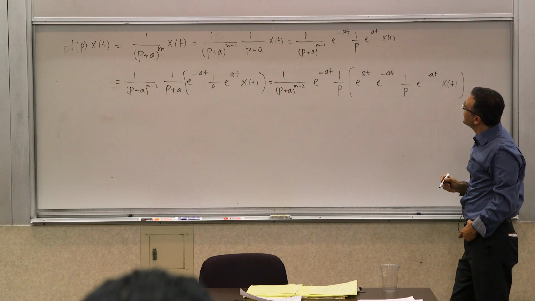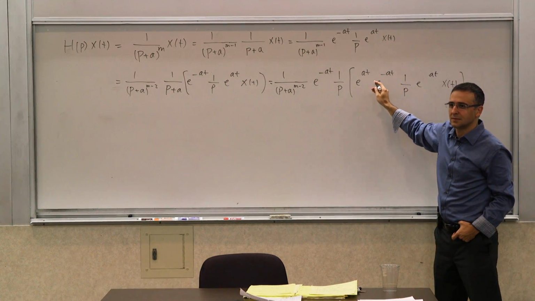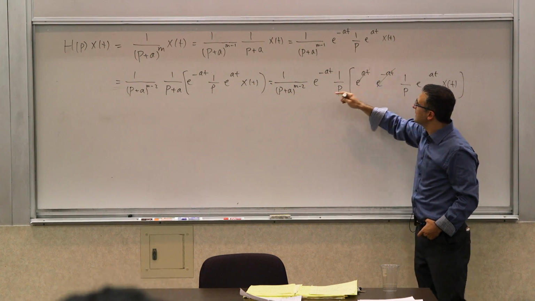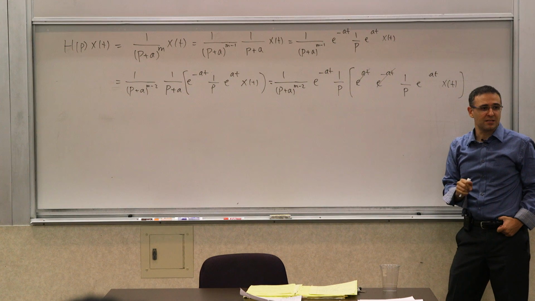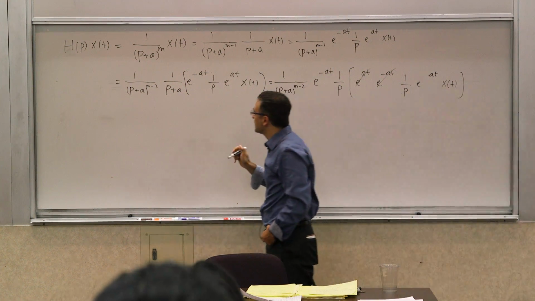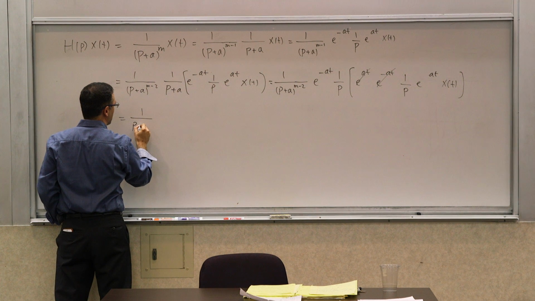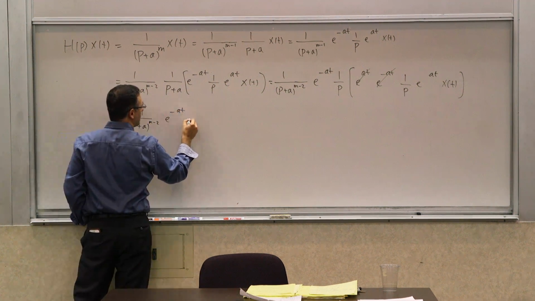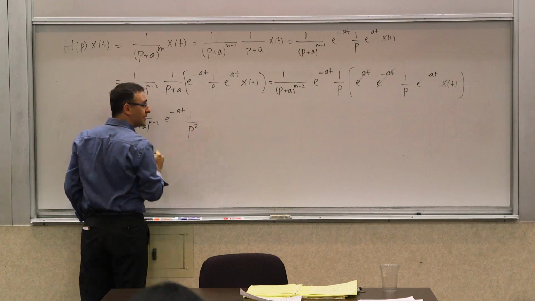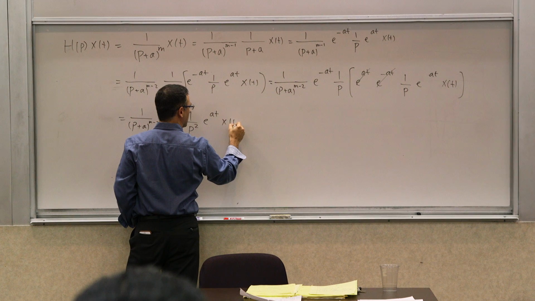Now this is where some simplification happens, because these two cancel each other. Every time you take one more of these and apply it, this cancellation happens inside. So at this stage, you have 1 over p plus a to the m minus 2, e to the negative at, 1 over p squared, e to the at x of t.